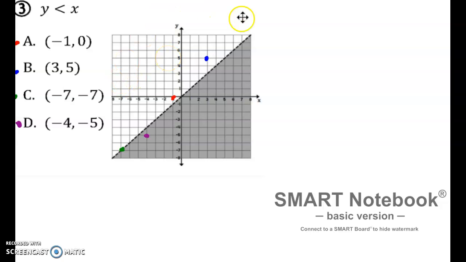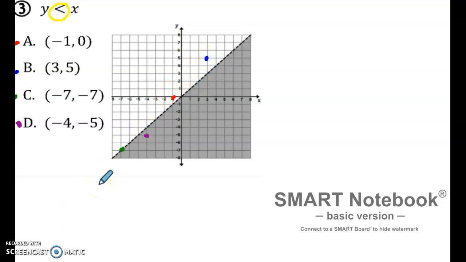You might notice that the line is dotted. The reason we have a dotted line on this is because of the inequality symbol. Since our inequality symbol is less than, that means that points on the line are not included in the solution. So that's why our line is dotted.